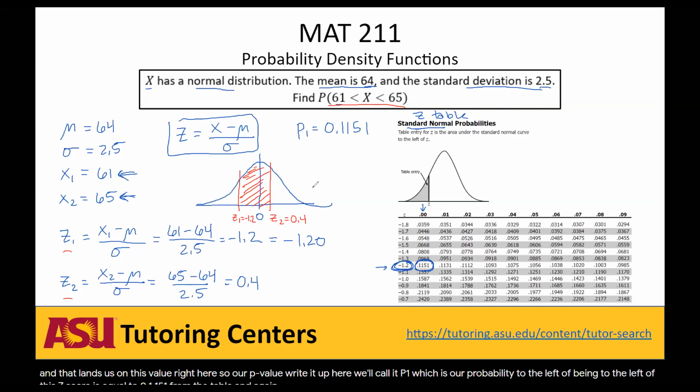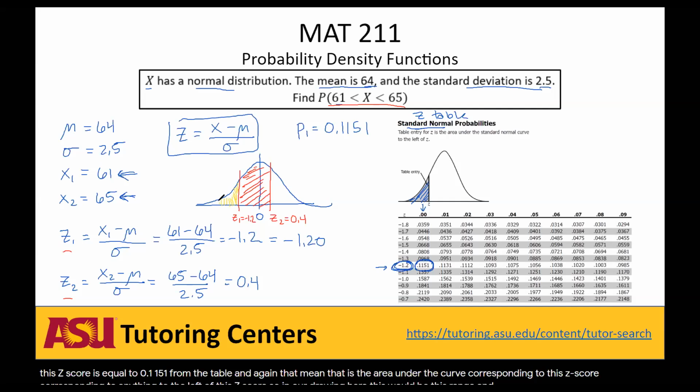And again, that is the area under the curve corresponding to anything to the left of this Z-score. So in our drawing here, this would be this range in here.